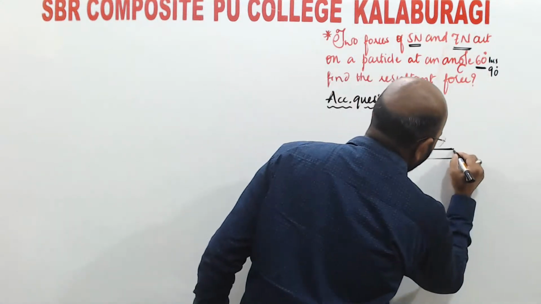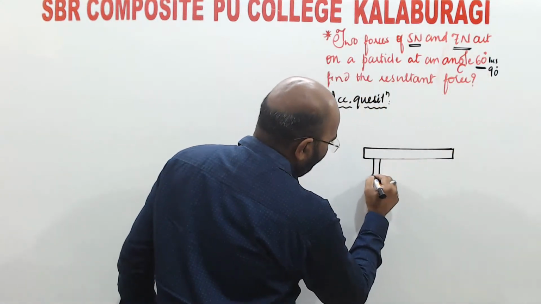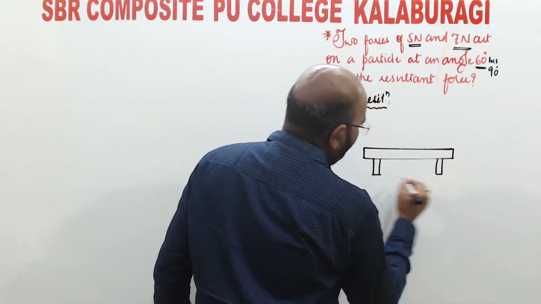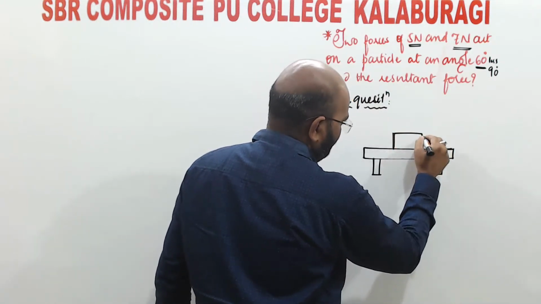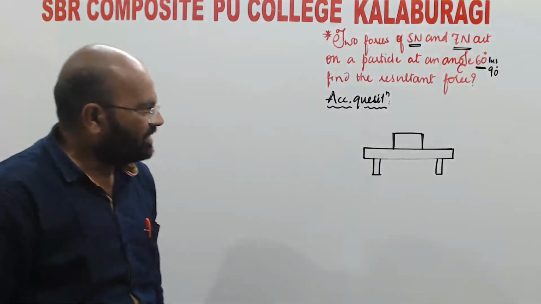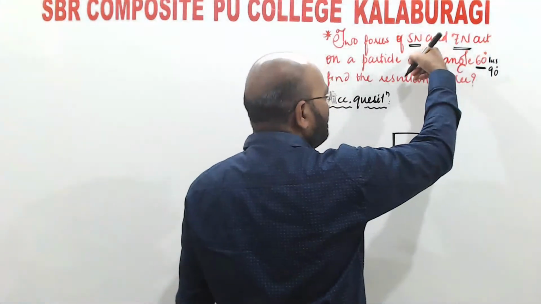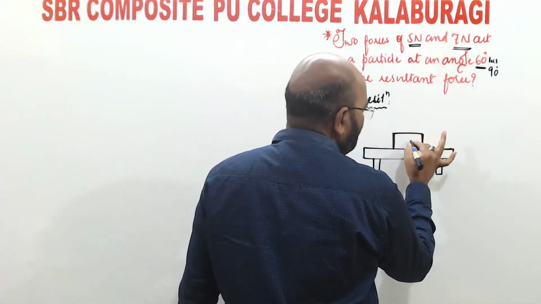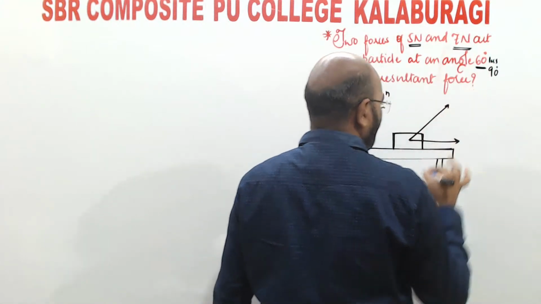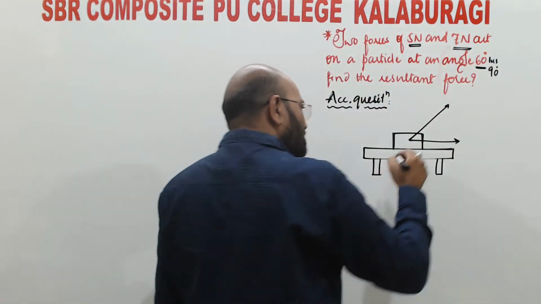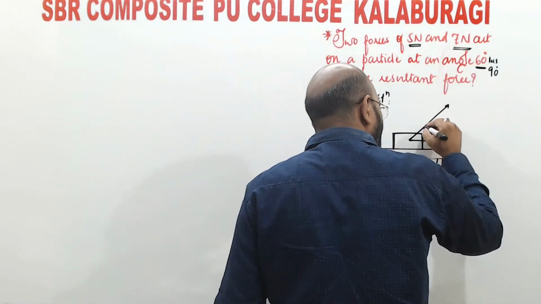On the table, we kept a block of certain mass. Then forces will be acting on it. One force is acting in this direction, another is also acting in this direction, and the angle made between them will be this.